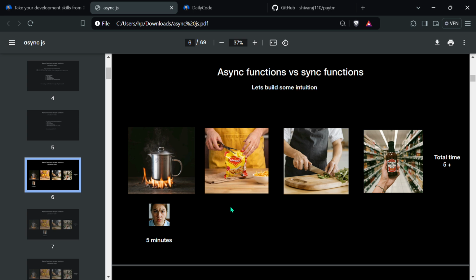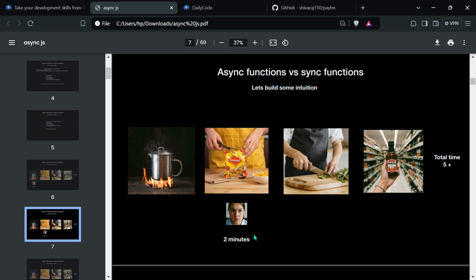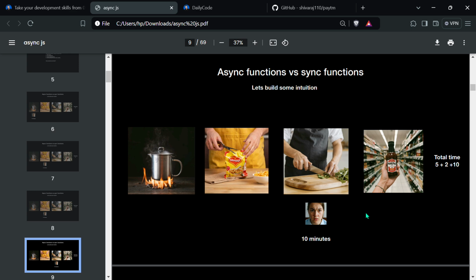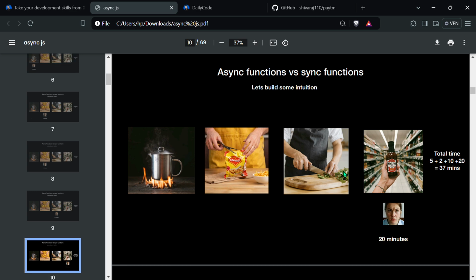Then cut the Maggie packet and prepare the masalas. It would take 2 minutes. And cut the vegetables. It would take 10 minutes. After the Maggie is completely prepared, you can go get the ketchup from the shop, which would take 20 minutes.